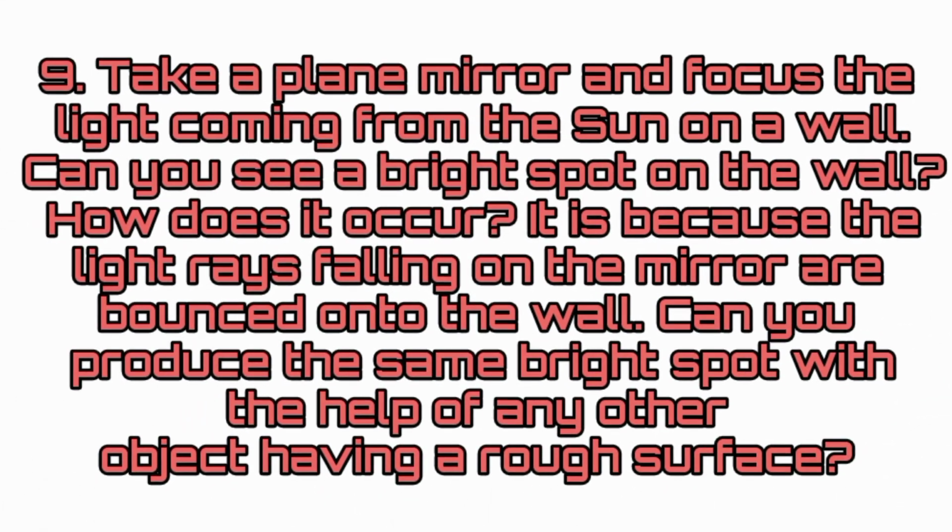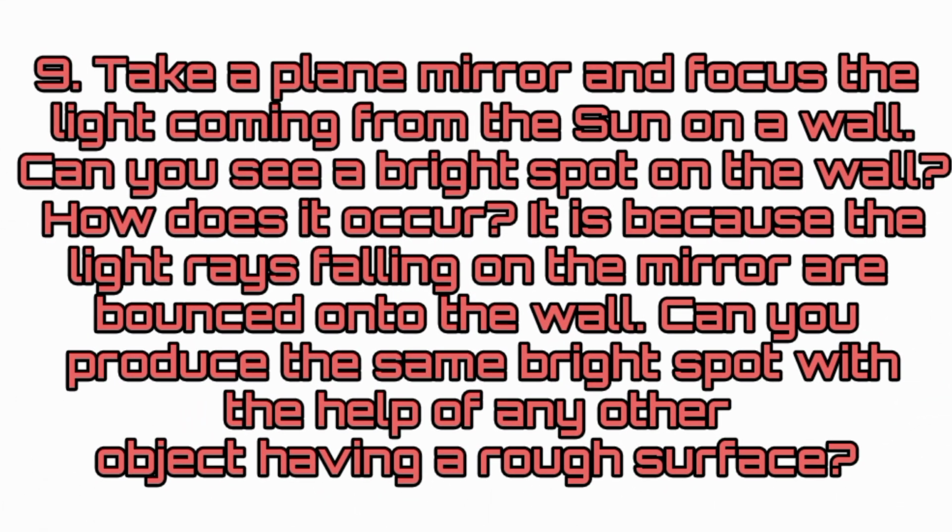Question number 9. Take a plane mirror and focus the light coming from the sun on a wall. Can you see a bright spot on the wall? How does it occur? It is because the light rays falling on the mirror are bounced onto the wall.